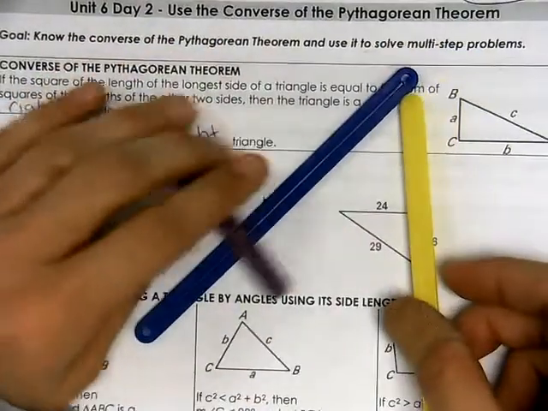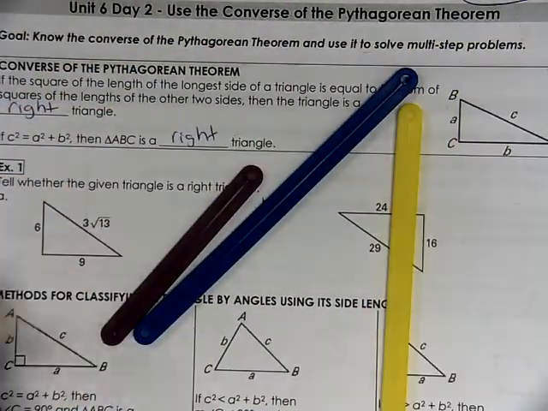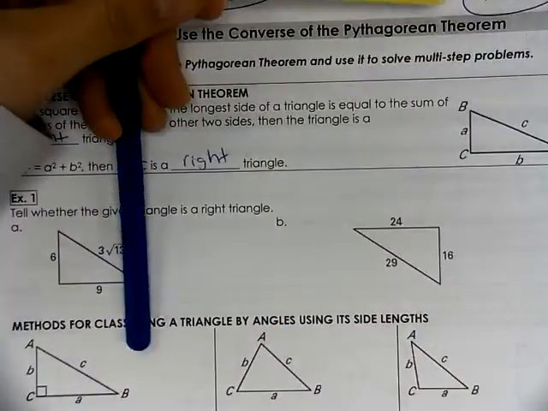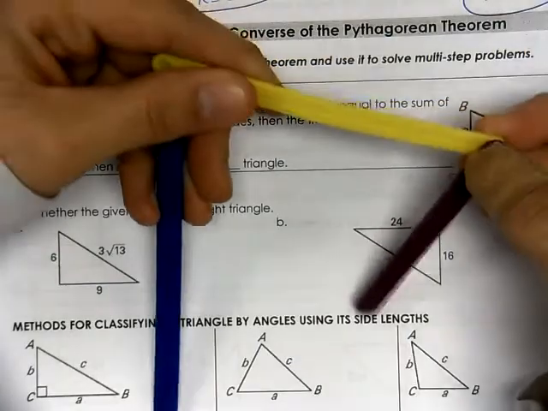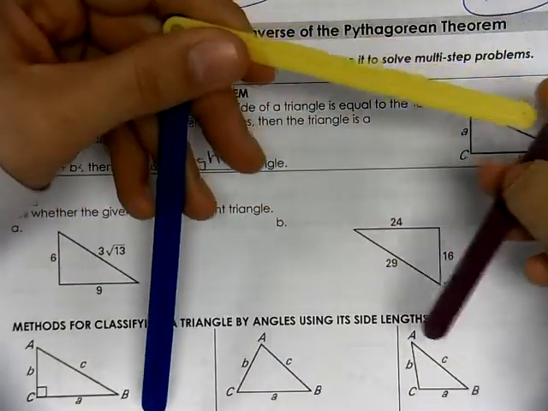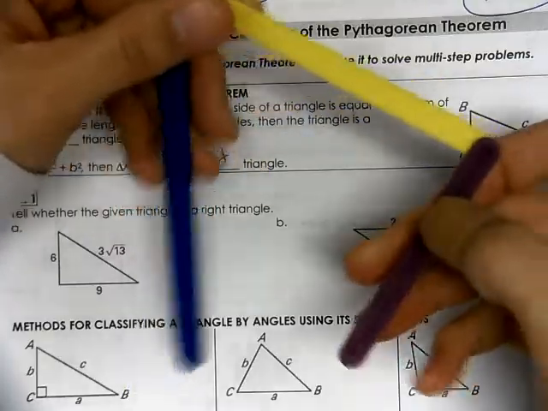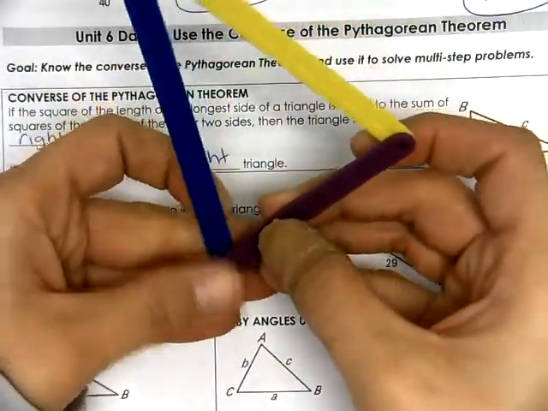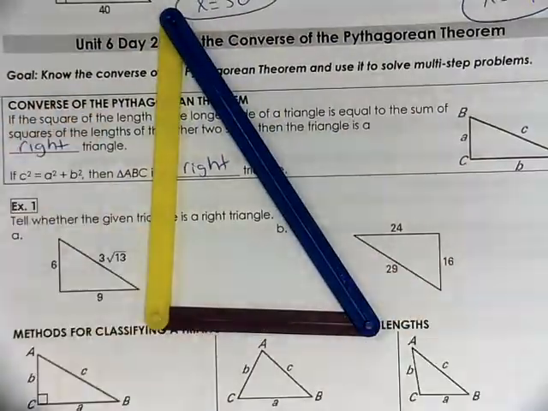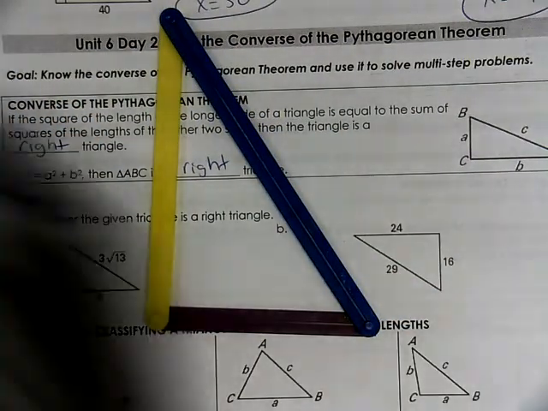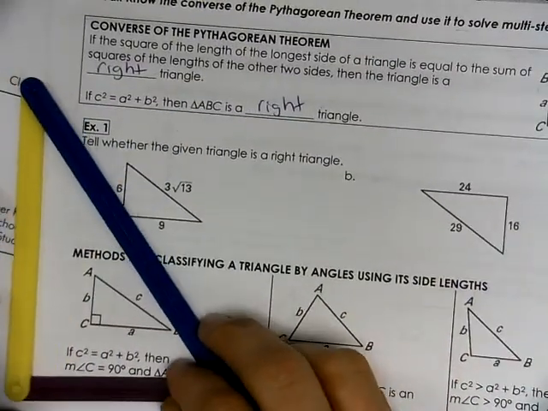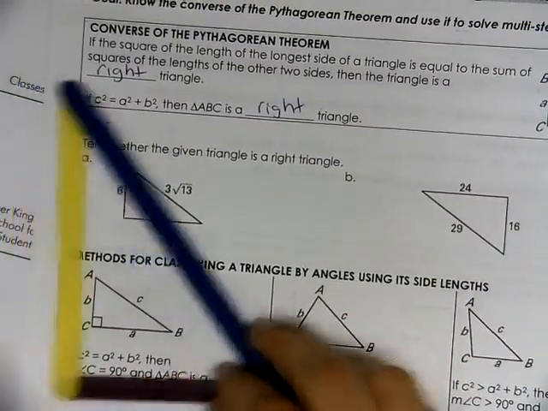If I take these three side lengths and I put them together, I can create a right triangle. Here's my right triangle. I know this is a right angle, first of all, I could check using a protractor, but you can kind of see it's a right angle.